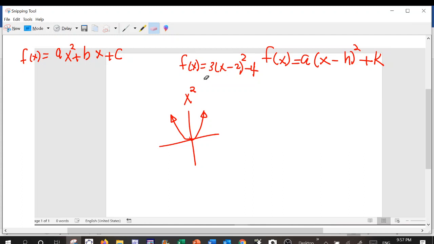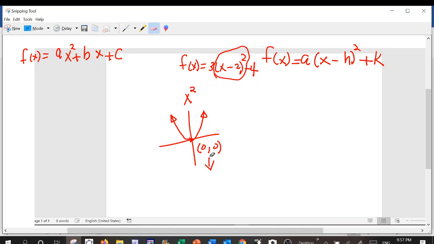Remember transformations: vertical stretch, shift to the right, and shift down 4. Now if you apply this transformation to this point, which is at 0, 0, where does it go? Well, we have to multiply the y value by 3 and then subtract 4.